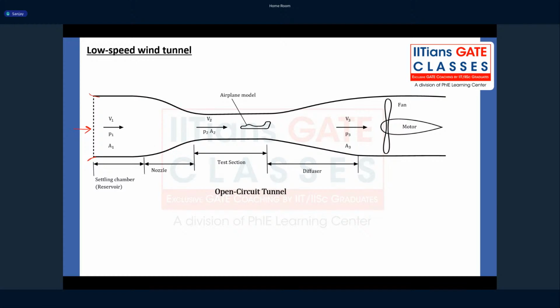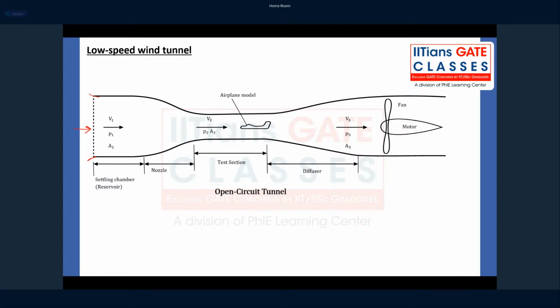There is a convergent duct which converges, and then there's a constant area duct again, and then again there is a diverging duct or a diffuser, and again there's a constant area duct. And then you have a fan and a motor here. All right, so let's slowly understand why this construction and what is the relevance of each part.